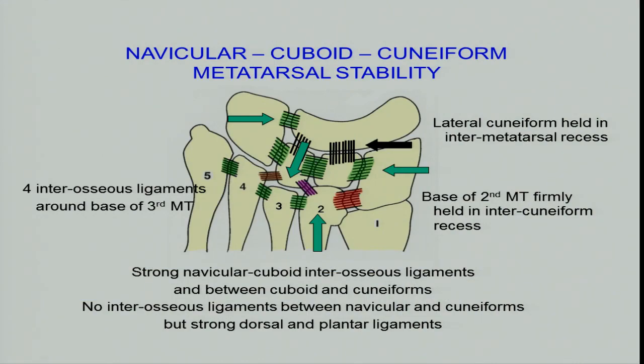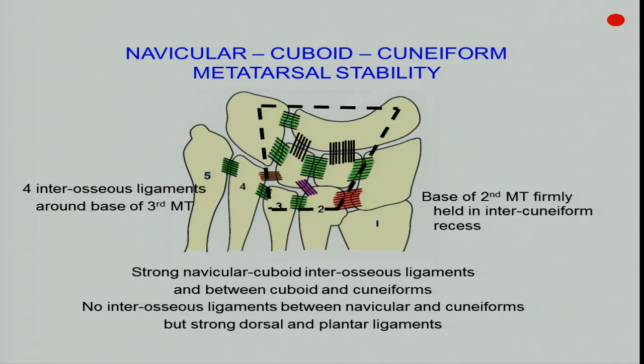So there was an explanation for the lateral stability of the second and third rays. So we had the hypothesis that there was a stable central forefoot segment and that there was lateral stability from the navicular and cuboid down towards the second and third metatarsal heads.